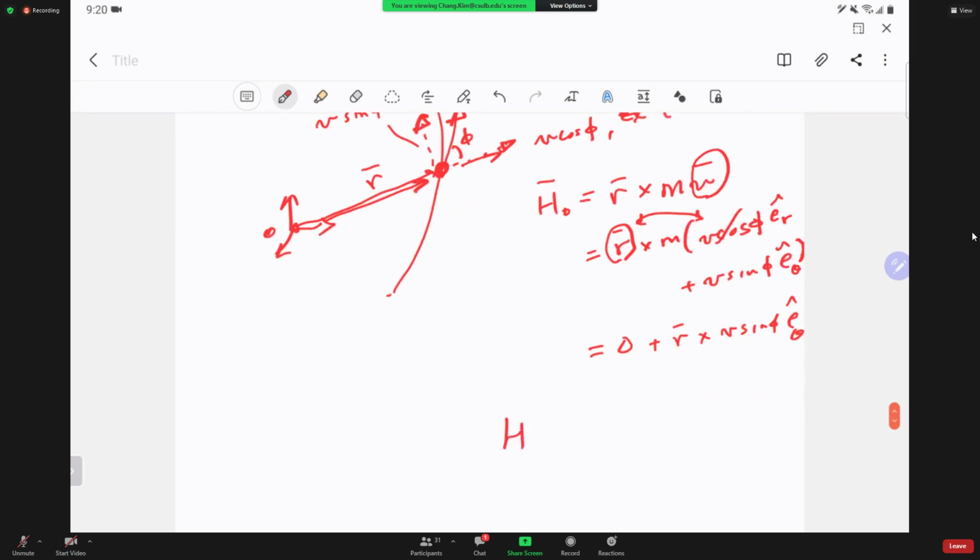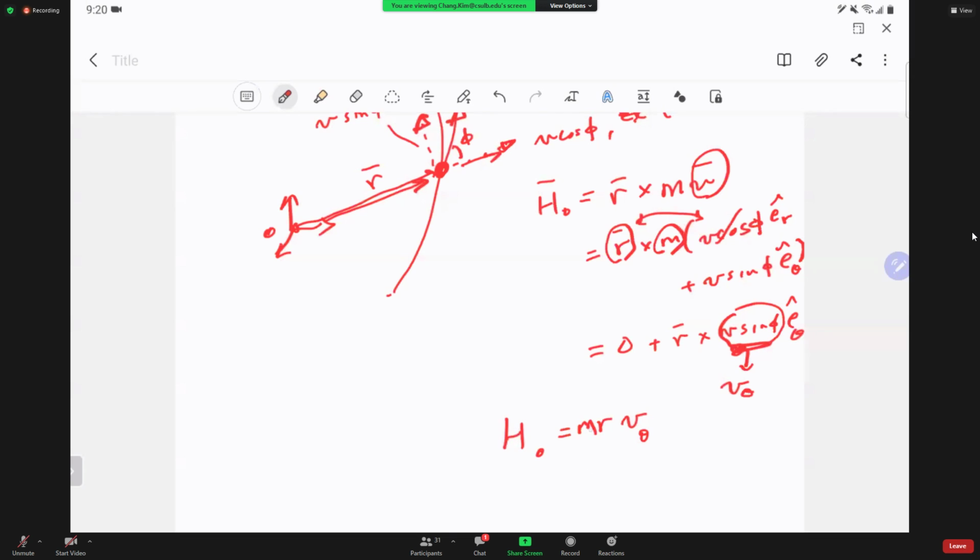So what's left is r crossed with v sine of phi e theta. Dropping the vector, we only have r v theta. So v theta is basically this guy, and there is a mass here.